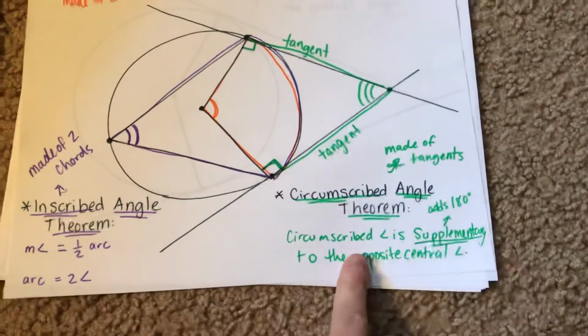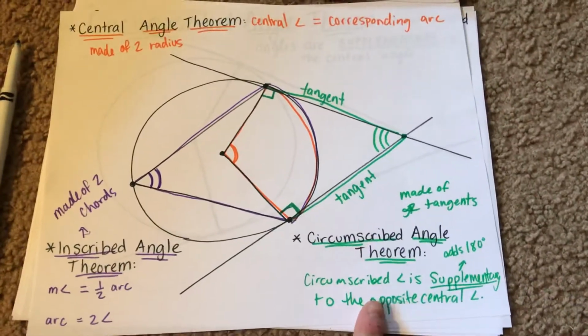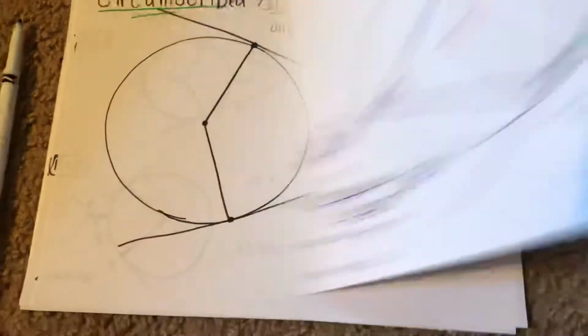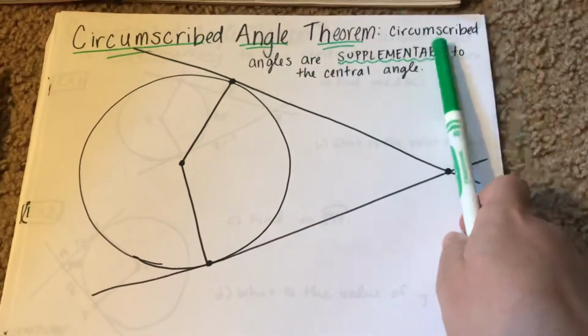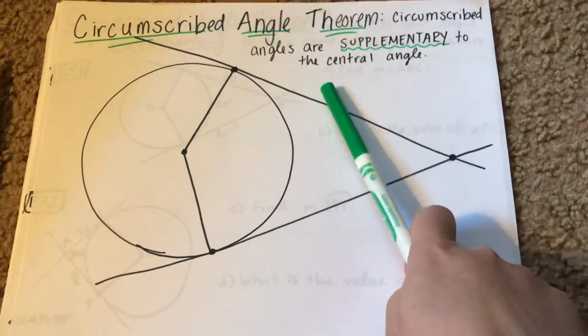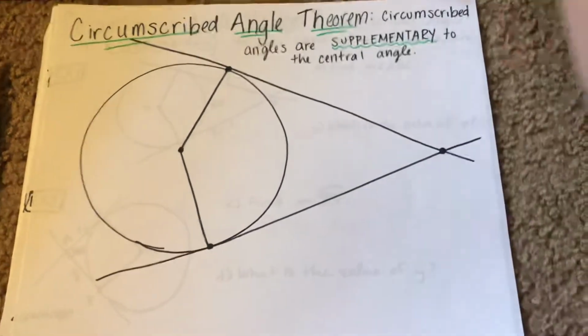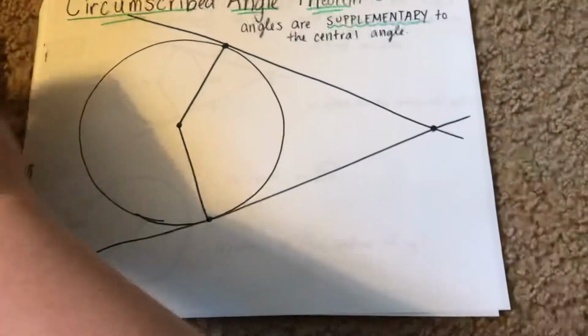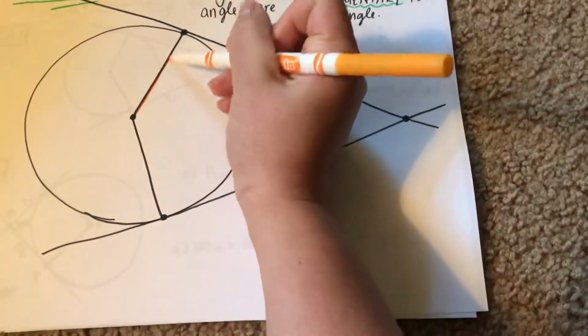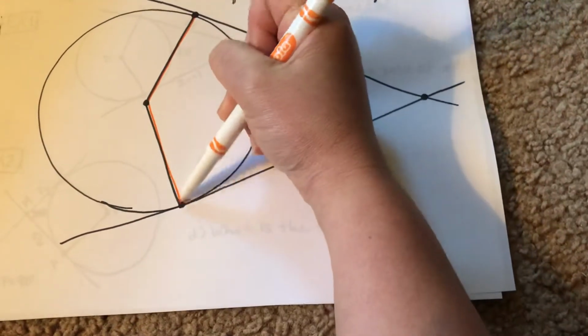So before we really get into how this theorem works, we're going to talk about why it works. The circumscribed angle theorem says circumscribed angles are supplementary to the central angle. So let's talk about why this works. If we look here, this is a radius and this is a radius.